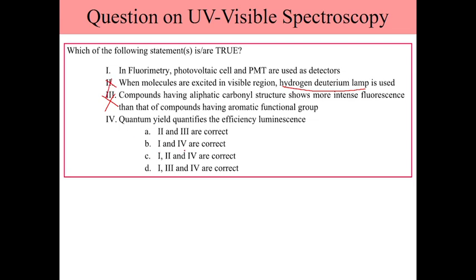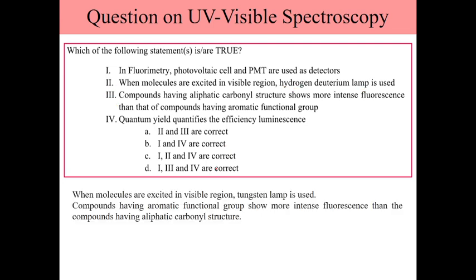So 1 and 4 are correct, so maybe this is going to be correct. Let us have a look. When molecules are excited in the visible region, tungsten lamp is used, and compounds having aromatic functional group show more intense fluorescence than the compounds having aliphatic carbonyl structure.